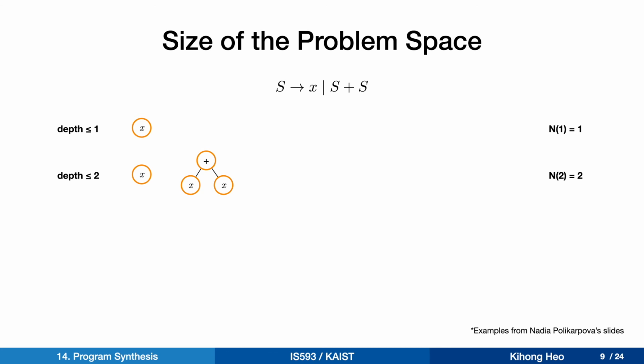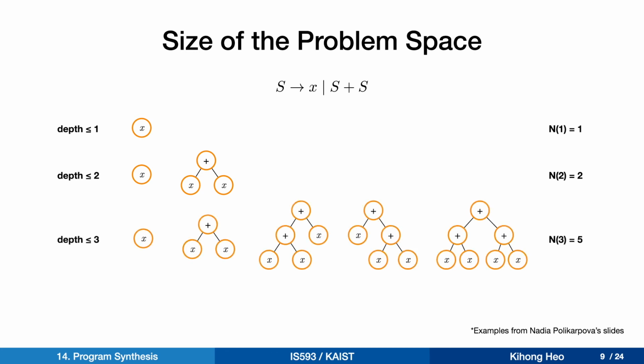There are two different programs possible, whose size is less than or equal to 2. How about 3? In total, 5 programs are possible with this grammar. Then in summary, this is the number of programs whose depth is less than or equal to d. Given d, we will have this many possible programs.